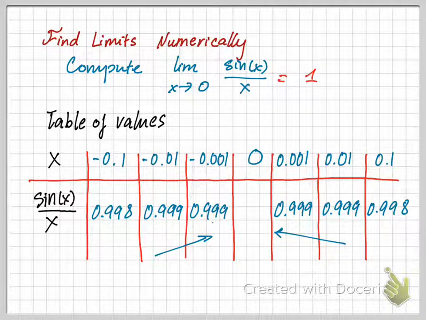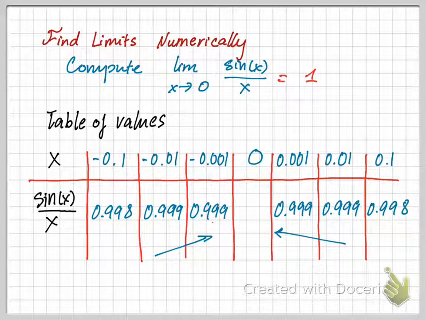Then we compute the corresponding function values for the x values, and observe the pattern of these values from the left side and from the right side. If the values from both sides approach the same number, then we can conclude that the limit of the function at x equals 0 should be that number.